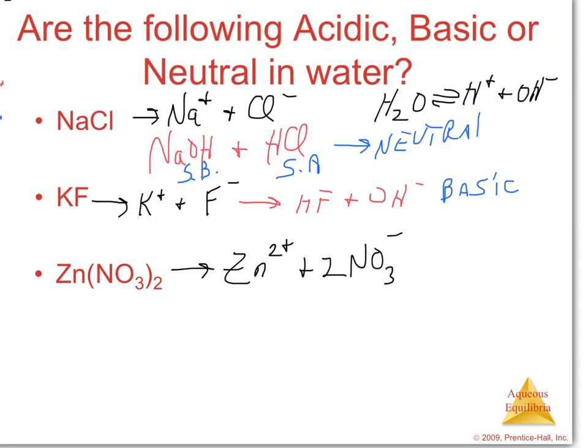So what I'm going to get when this goes into water is I'm going to generate some zinc hydroxide. It's going to generate some H plus left over. The hydroxide from the water is going to go to the zinc and bind tightly, not be completely dissociated, leaving some H plus floating around in solution. So this is going to be an acidic solution.